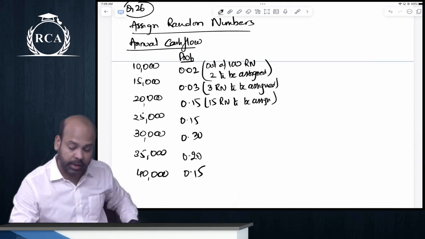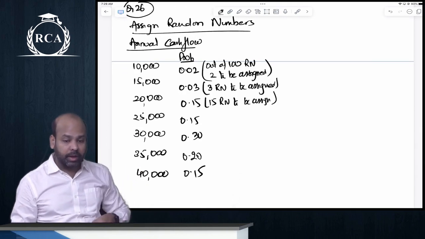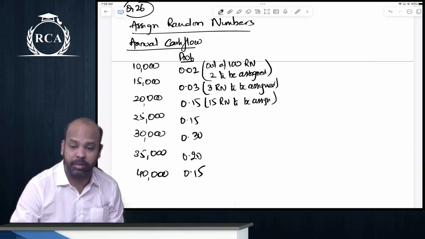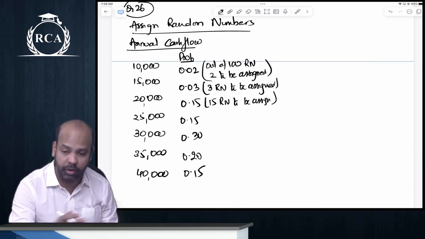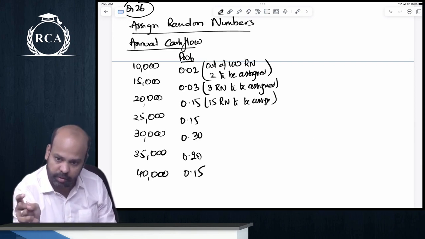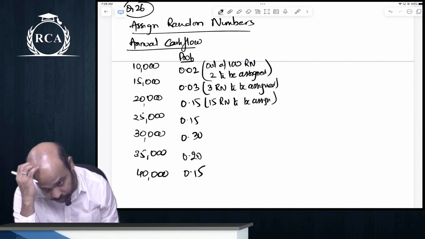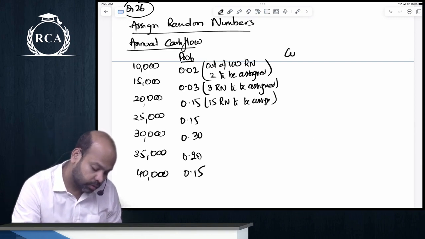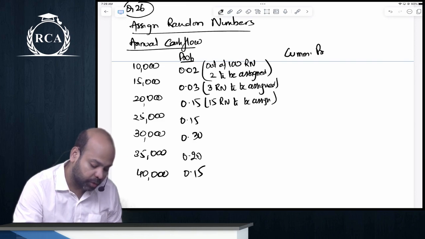That is why I write that in brackets. अब directly random numbers लिख सकते हो बेटा, but then preferably if you do cumulative probability, you will not go wrong in assignment of random numbers. Because you know whatever is the cumulative probability, उससे one number less will be the ending point. Cumulative probability.